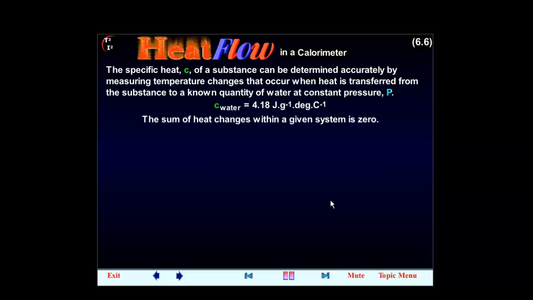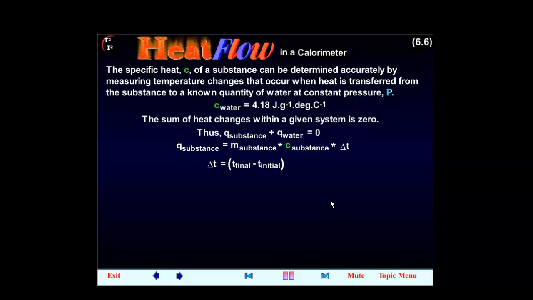The sum of heat changes within a given system is zero. Thus, Q substance plus Q water equals 0. Q substance equals mass substance times C substance times delta T. Delta T equals T final minus T initial.